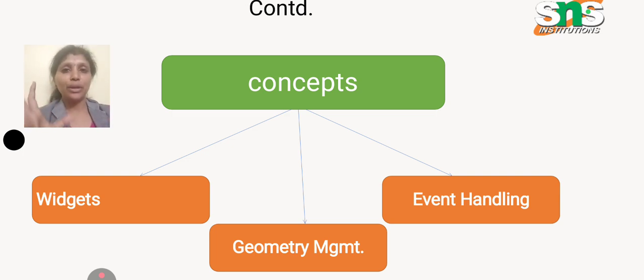So if you want to develop creative as well as animated applications in Python, Tkinter is the right choice. We can create dynamic, pleasant applications with the help of Tkinter.